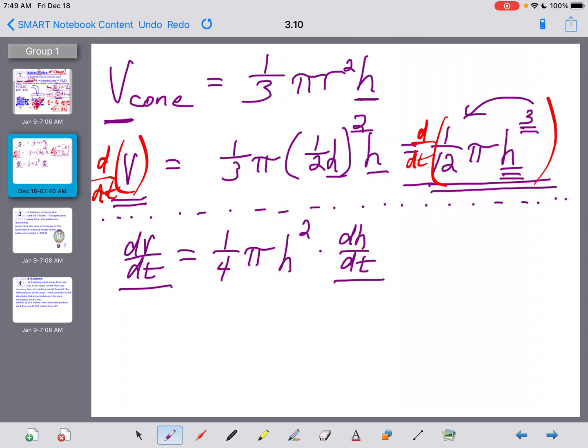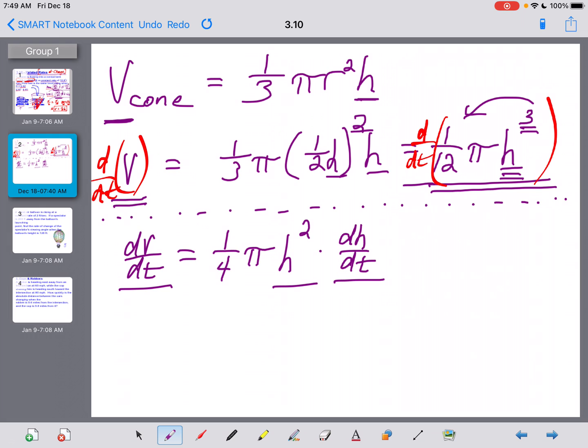Now, what I need everybody to understand is that this equation has 3 variable quantities. dV/dt on the left, that's a variable quantity, even though it's a derivative. We have an h in the middle of the right side, and then a dh/dt on the far right. Out of those 3 variable quantities, we better know the values of 2 of them so that we can solve for the third. And we do.